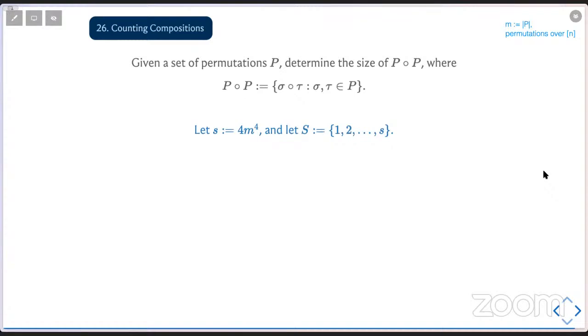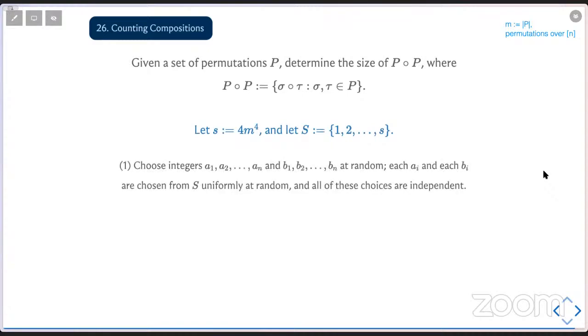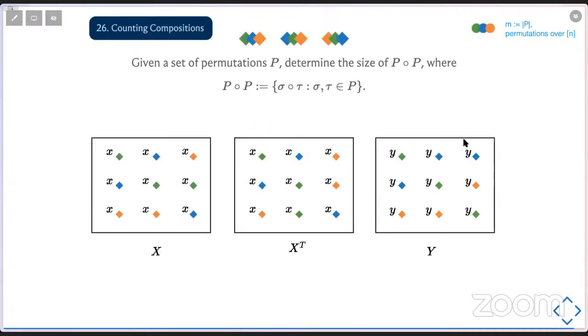So you can ignore the 4n to the 4th detail for now. We're going to come back to that. But basically, pick values for your xi's and yi's. Remember that our matrices are basically a collection of 2n variables.